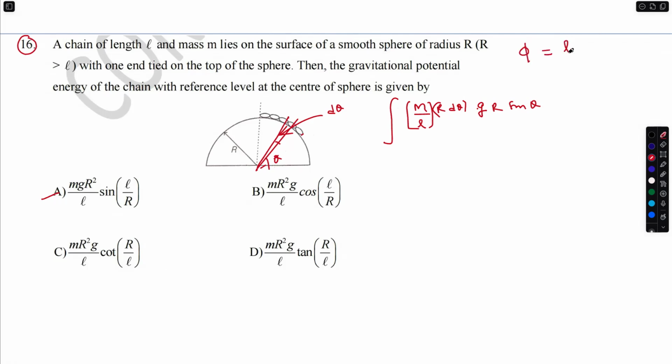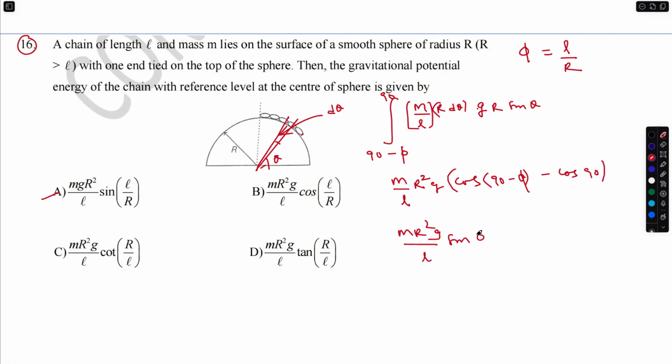Phi is nothing but L by R. So integration is from 90 minus phi to 90. So what will happen here is M by L R square G sin theta d theta, which actually becomes minus cos. So finally this will become M R square G by L sin phi. Perfect.